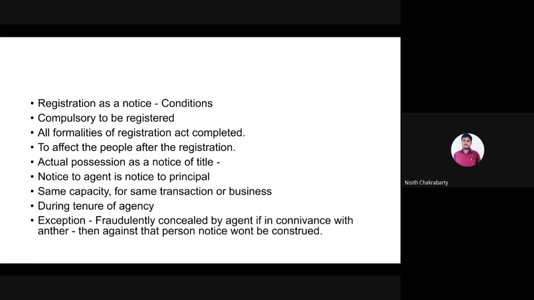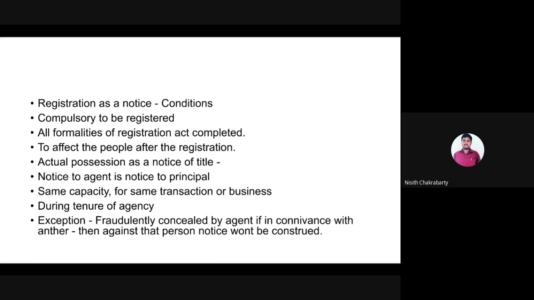Second ingredient is that all formalities of the registration act must have been completed. Third is that this registration will affect as a notice the people who are coming to the picture after the registration, not the people who are retrospective to the registration.